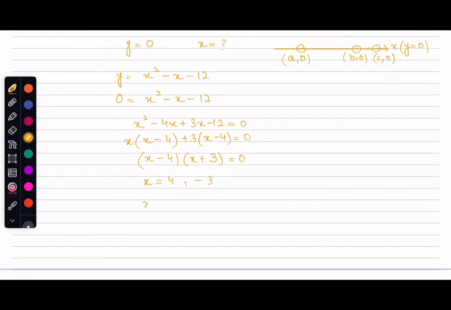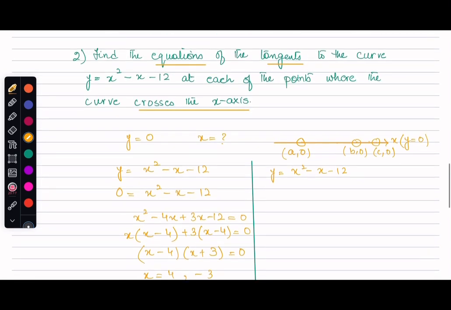So these are the 2 points where we know that the curve is crossing the x-axis, which gives the y to be equal to 0. So if the curve equation here is y equals x squared minus x minus 12, then to have this tangent equation which they have asked us to find out, there are two things that I should be finding out.